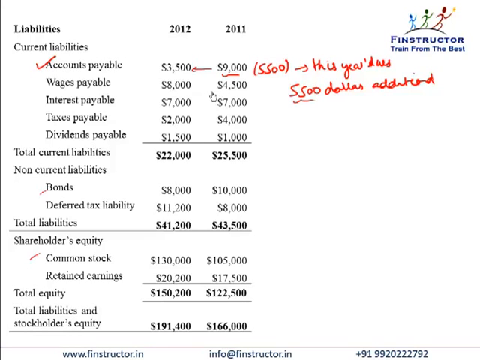We see that wages payable have gone up by $3,500. So what this implies is that we did not pay $3,500 worth of wages, which is why the wages payable have gone up.